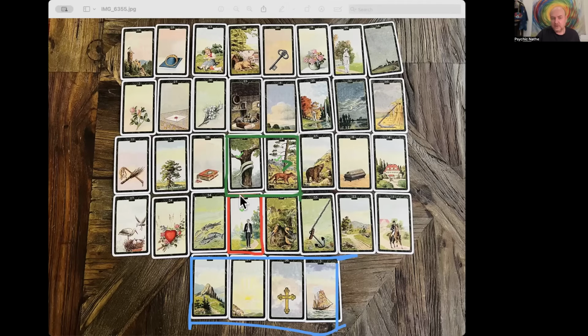So now we're going to observe the four corners of the tableau. The first one here, and I'm going back to blue, is the tower. And the tower represents, let's say, the government, right?